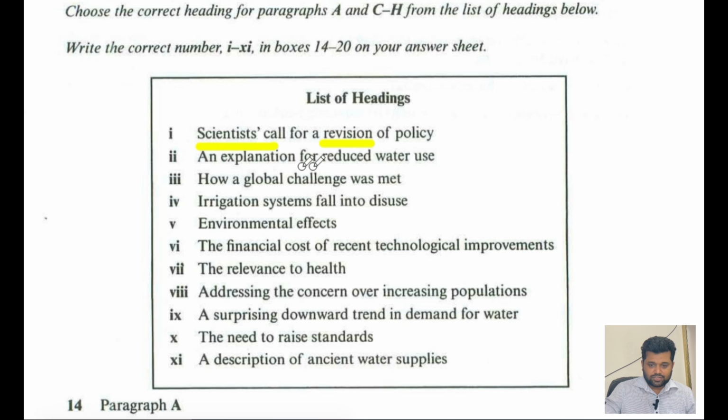An explanation of reduced water used, so here we can underline the word reduced. How a global challenge was met, so global challenge. Irrigation system run into disuse, irrigation system, irrigation disused, we can underline. Environmental effects, we can underline the whole.